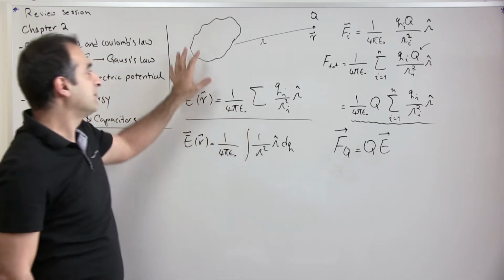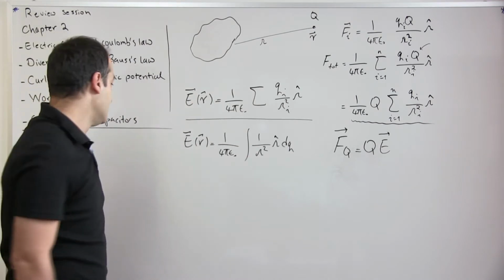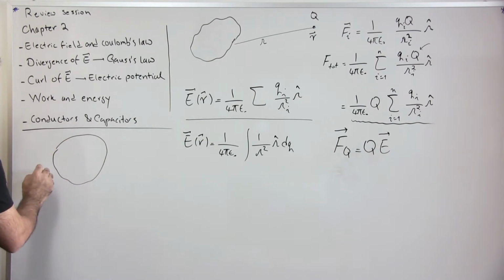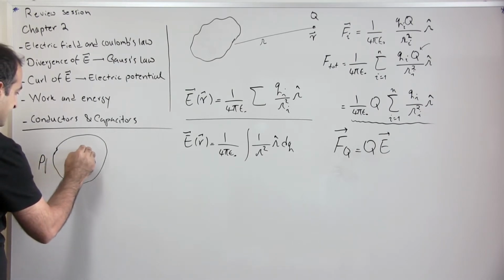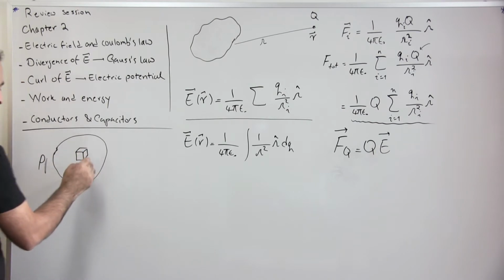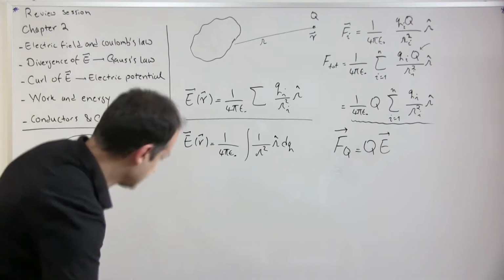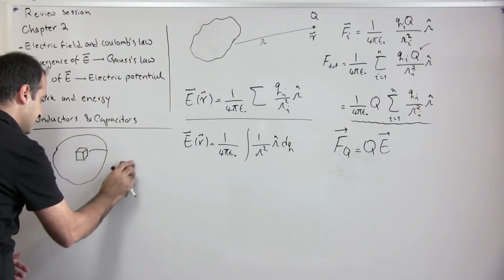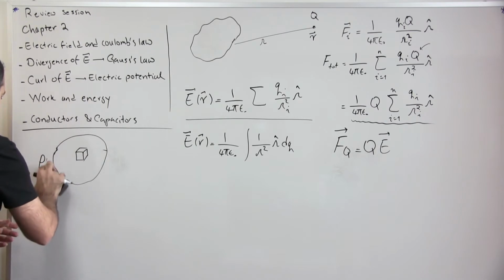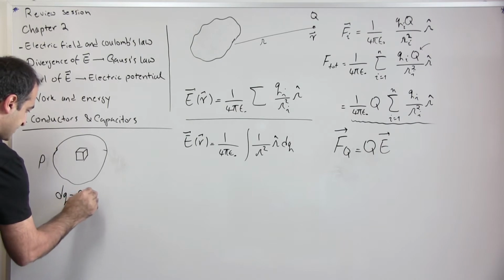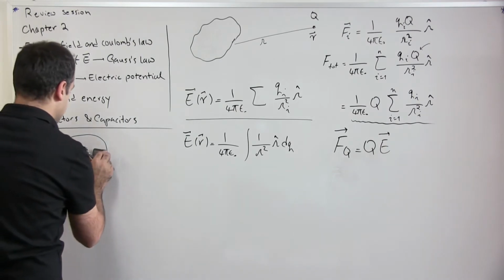Then it depends on what type of charge distribution you have. We previously looked at this and said if we have a volume charge density, rho at any position, we can look at a very small volume element. Of course, I'm exaggerating the size here. So here, dq is rho times d tau. Sounds good?